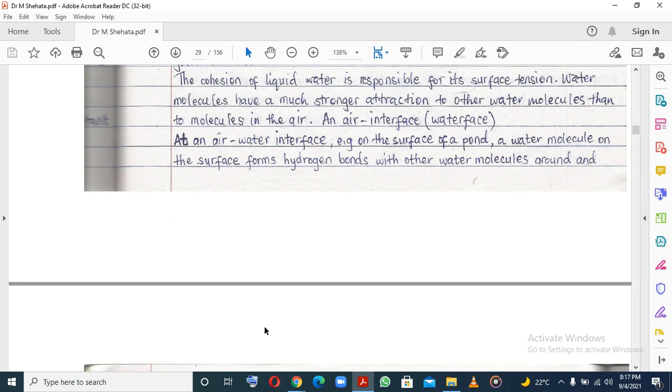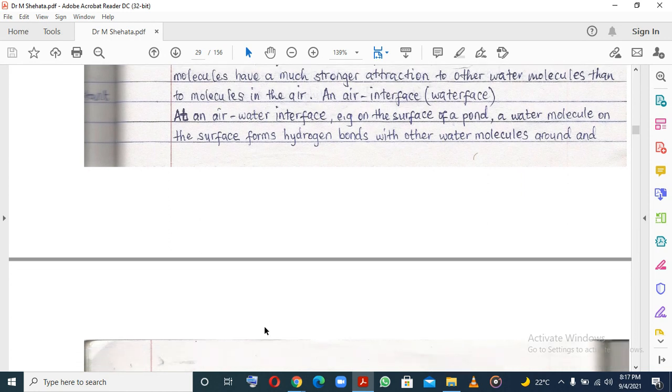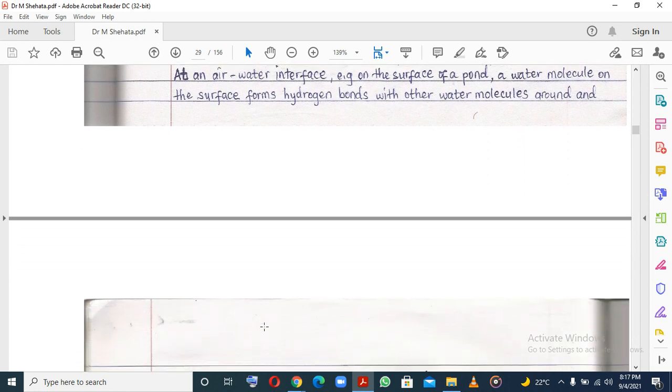A pond will always have an air water interface. What is an air water interface? It's a point where on top you've got air and down you've got water. On top of the pond there are water molecules, and above the pond there are air molecules. So that's an interface.